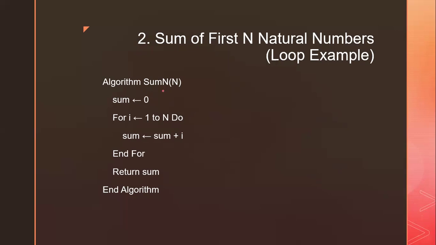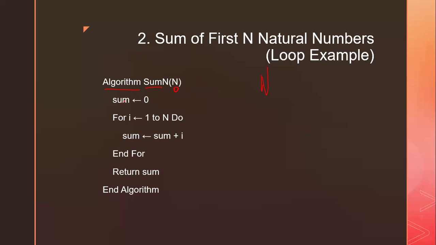We see that we've got a different orientation. We have our algorithm and our algorithm name, and our parameter, which is n. Our precondition is that we have our value n, and what we're supposed to get as our output is the sum of the first n natural numbers.